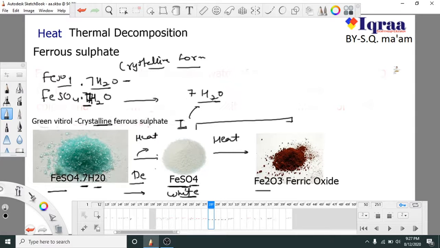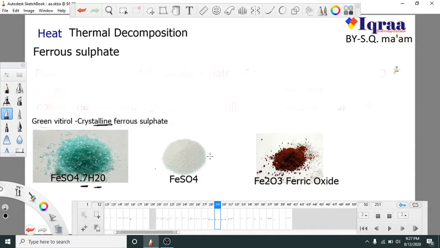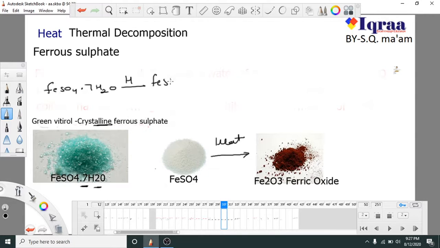So again now our reaction is from here. Heat FeSO4 with water, heat it and we will get FeSO4, again heat it and we will get Fe2O3, that is ferric oxide. This is solid form.